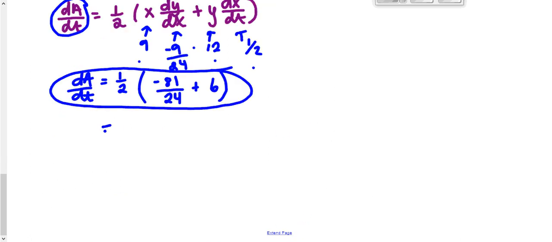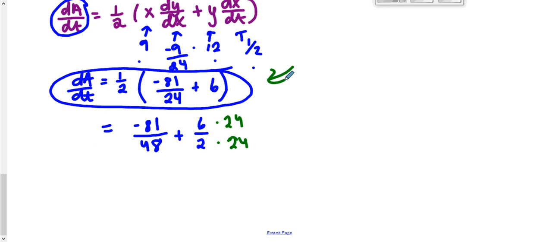So we would have -81/48 plus 6/2. You'd have to get a common denominator, so you'd have to multiply both of these by 24, which without a calculator, you could make some mistakes here, so just be careful. If you can stop, stop. But I know some people simplified, so I want to give you the simplified answer.